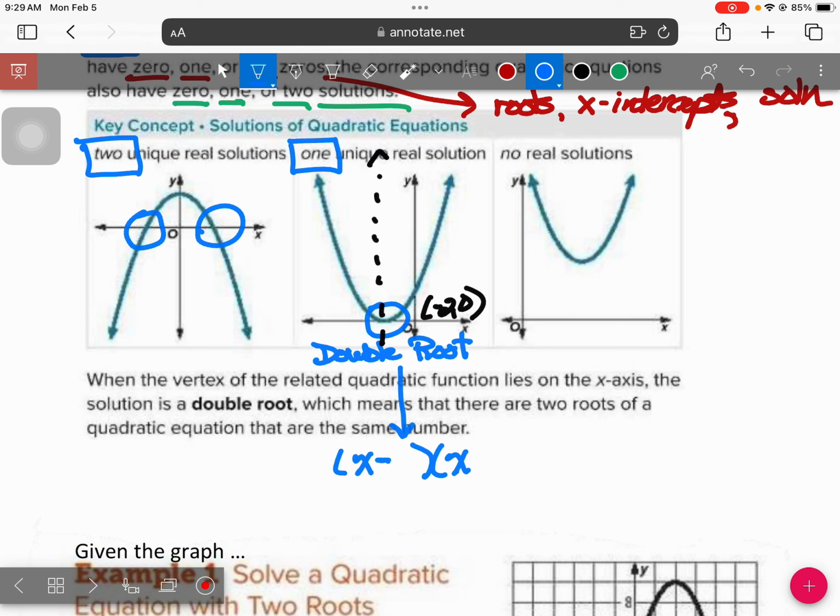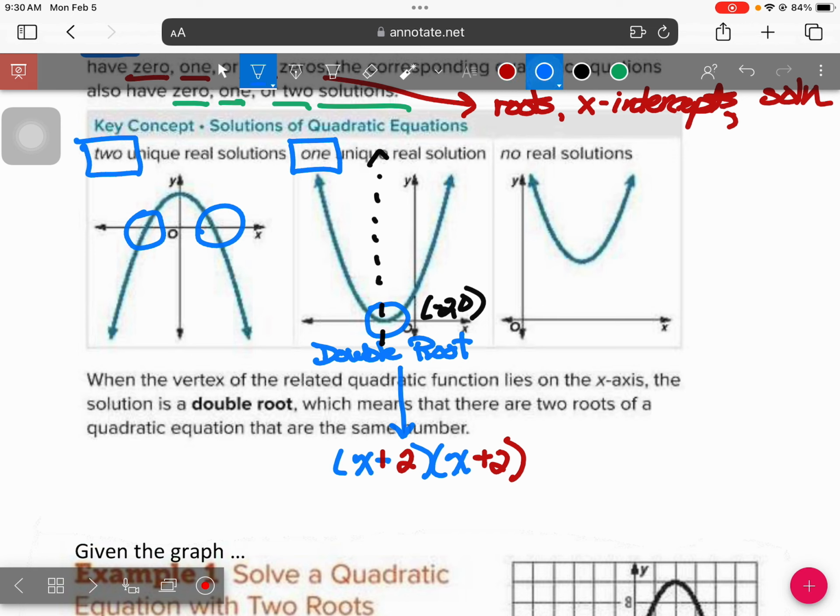Well, if that root is -2, x minus a -2 changes it to a +2. And because it is a double root, it's going to be the same thing again as it hits or kisses and goes off. Okay? So it would be x plus 2 times x plus 2. And you're probably like, what? So we'll get to that in a little minute.